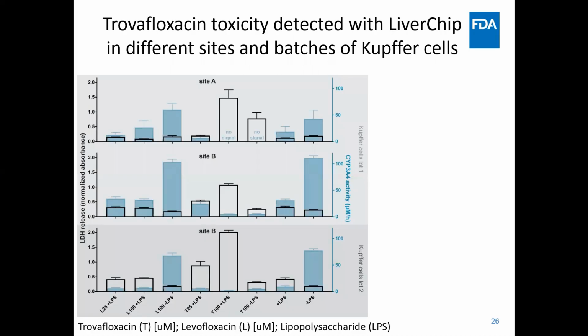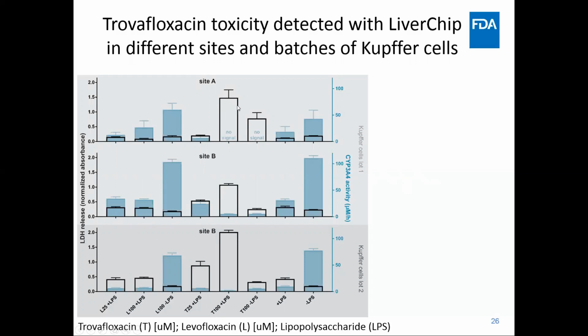In this slide, you can see that the LiverChip is able to detect Trovafloxacin toxicity. It's a very busy slide, so on the left side we have LDH, which is a very well-established marker of cell death. And we can see that in the presence of LPS at 100 micromolars, there is cell death.